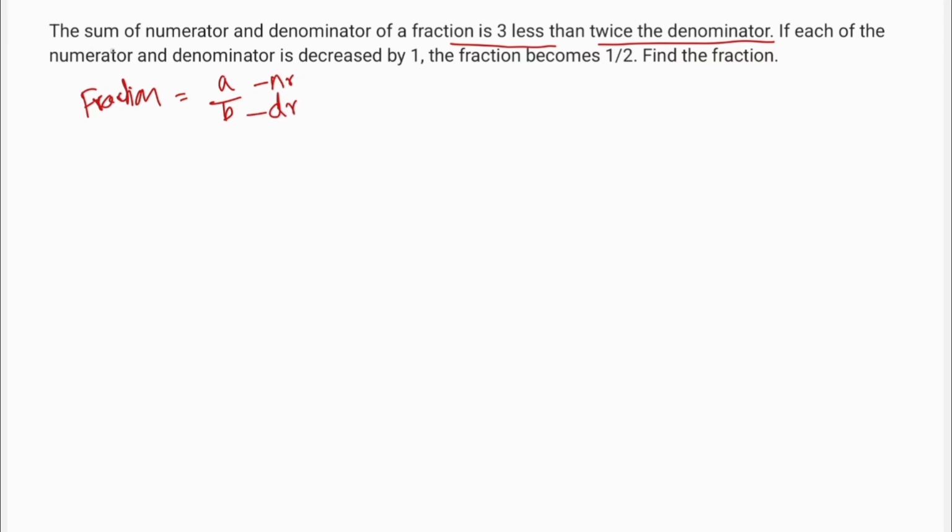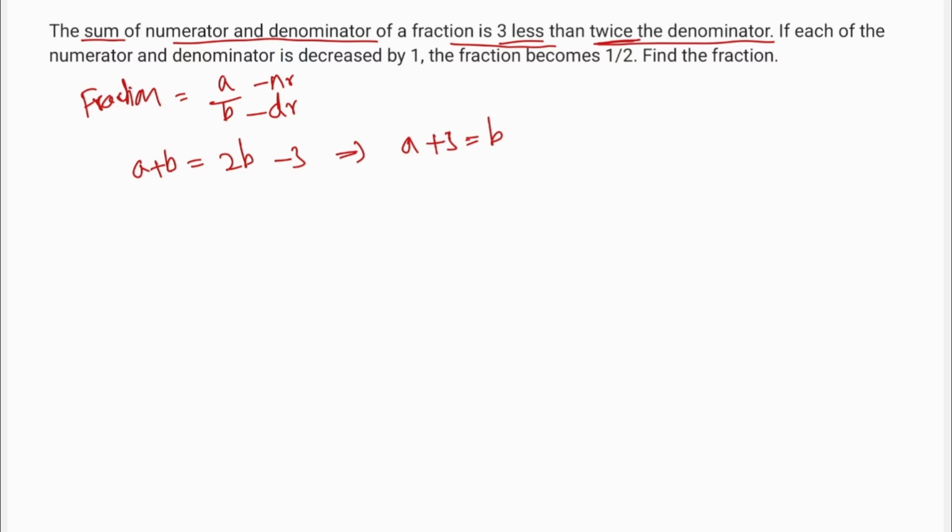Okay, now the sum of the numerator and denominator, a plus b, is equal to 3 less than twice the denominator. 2 times the denominator is b. Okay, now we will get a plus 3 is equal to 2b minus b is b.